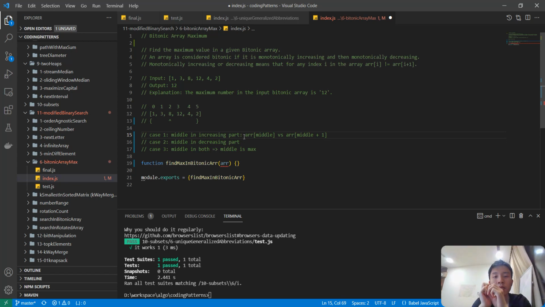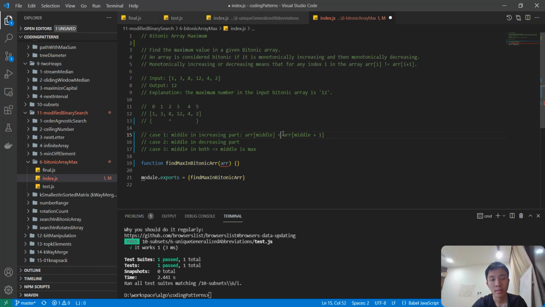The middle is in the increasing part when this one is less than the number right next to it on the right.